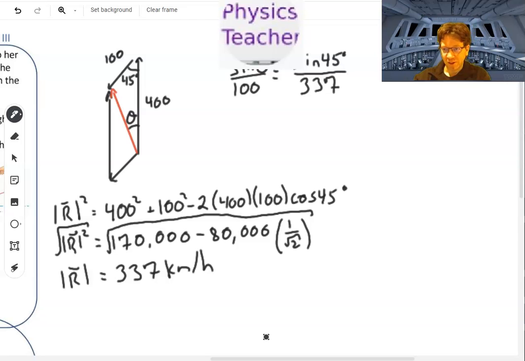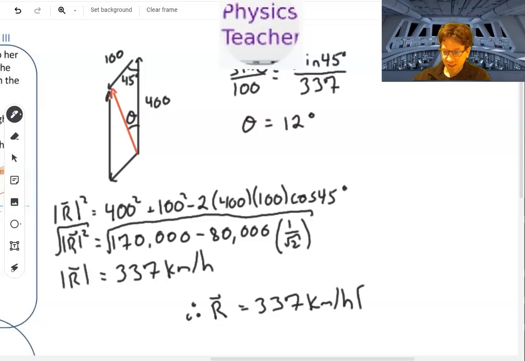And then you could multiply both sides by 100, take the inverse sine, and you'll get theta to be 12 degrees. So you can then write, therefore, our resultant vector is 337 kilometers per hour. And since we are using our compass directions, we know it's north, 12 degrees west. North 12 degrees west.